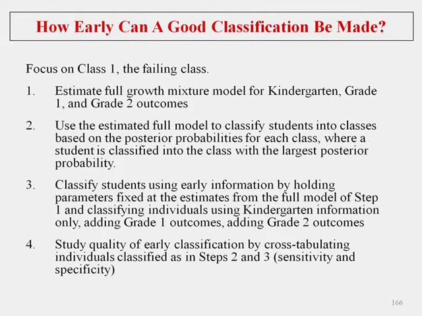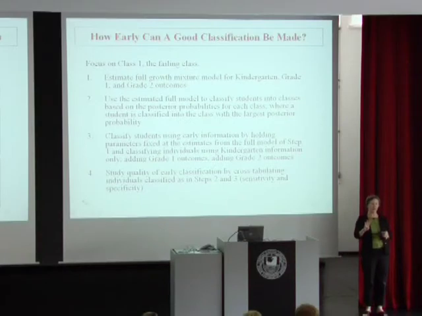So basically in Mplus what you would do is you would say use variables equals, and then you would just put the kindergarten variables, the 4 kindergarten variables. Then in the model command, you would only specify the part of the model that applies to the kindergarten variables, but you would fix the values of all those parameters at the values that you got from the full model in number 1.